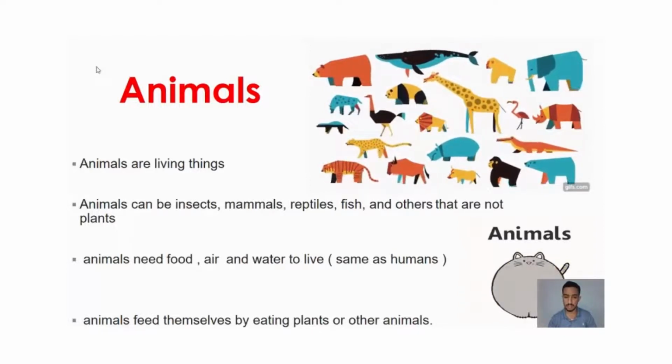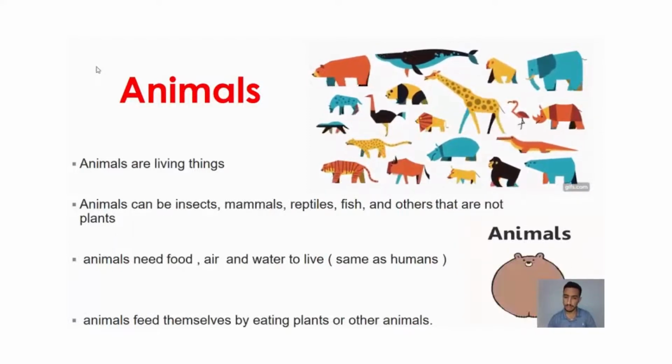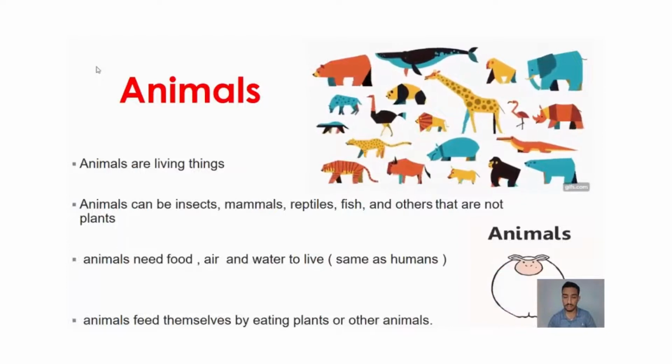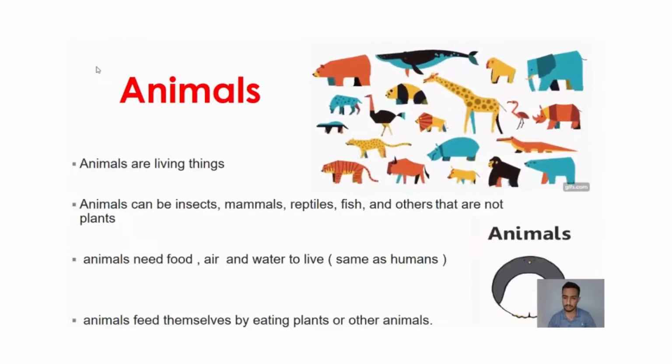They're not only mammals, they can be insects, reptiles, fish, and many other types besides. Animals, same as humans, need food, air, and water to stay alive. If they don't have these, basically they will die. An animal can feed itself either by eating plants or eating other animals.